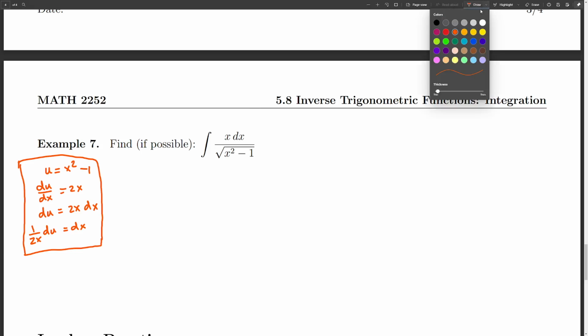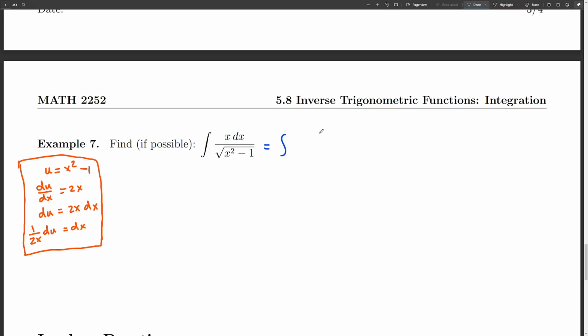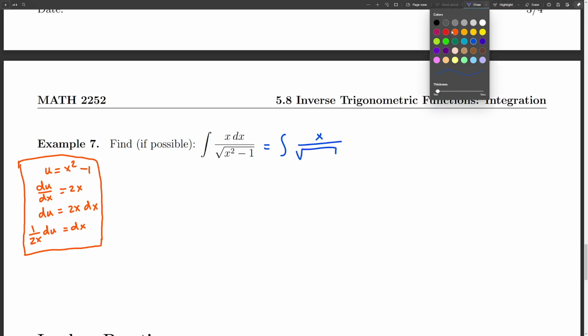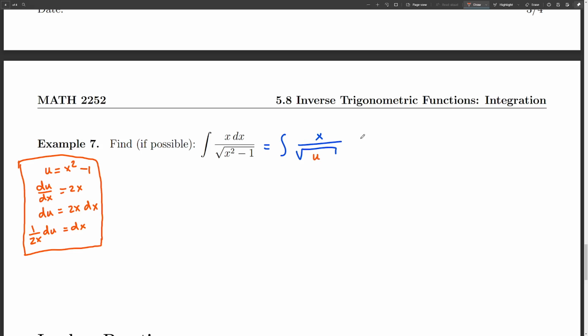And so with that substitution, our integral becomes the integral of x over square root of u. And then the dx here becomes 1 over 2x du.